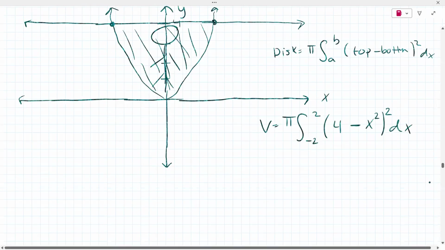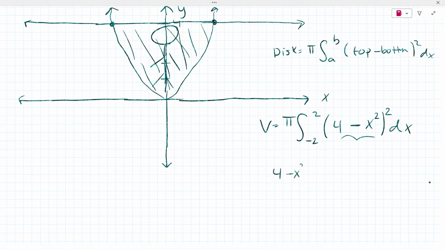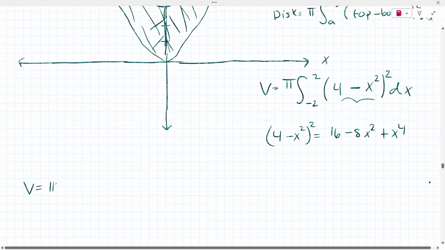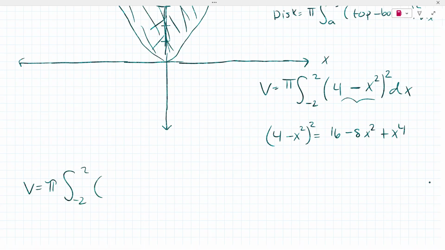Let's FOIL this out before we take the integral. So what's 4 minus x squared, squared? That is going to be 16 minus 8x squared plus x to the 4th, dx.